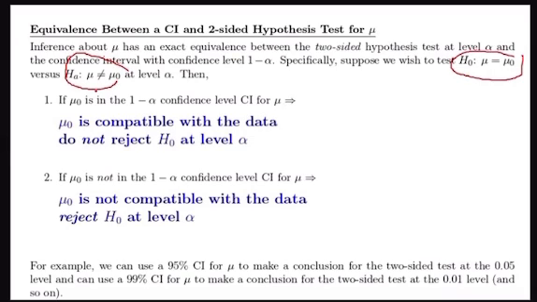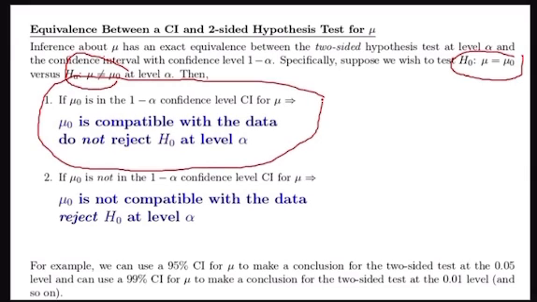Now, take a look at this statement here. If mu naught is in the interval, what happened? Then mu naught is compatible with the data. Then in that situation, we don't reject H naught. That was what we did.